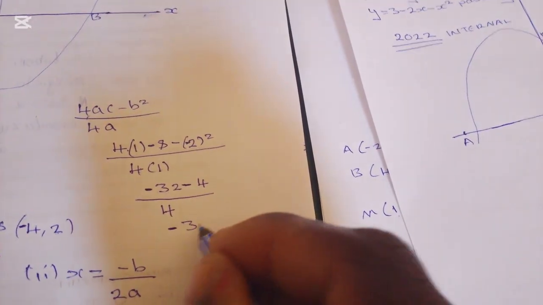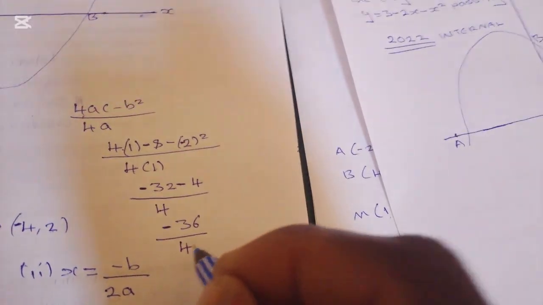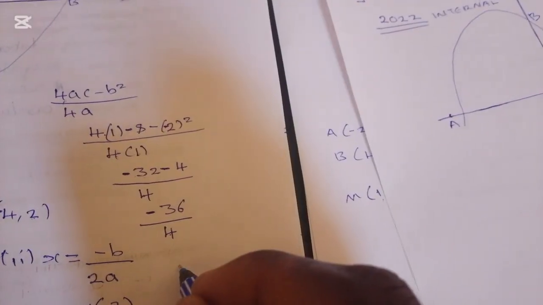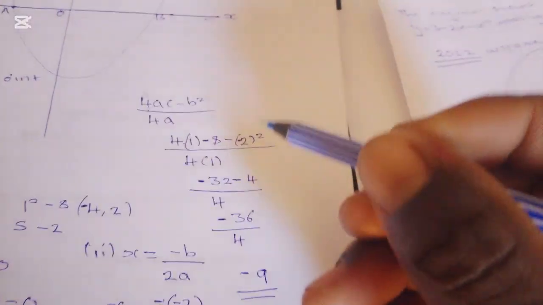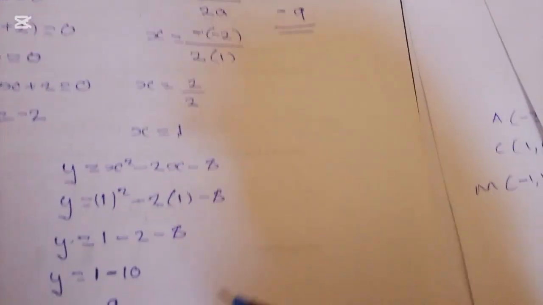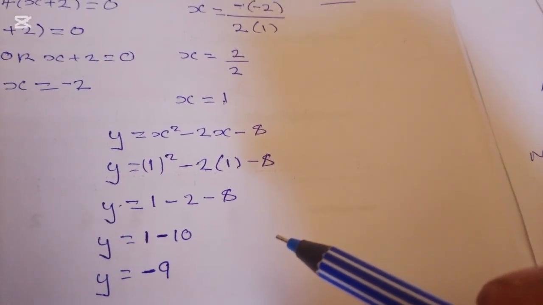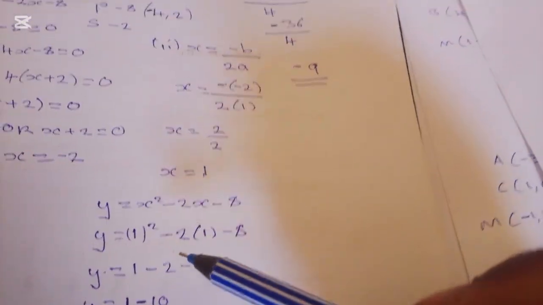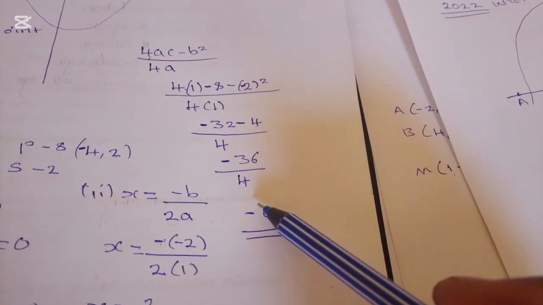Negative 36 over 4. Then 4 into 36 is 9. Then we put a negative. So if you want, you can go by this formula. If you want, you can just replace where there's x, you put the value that you have solved for x, then you replace it, or you can use this formula.